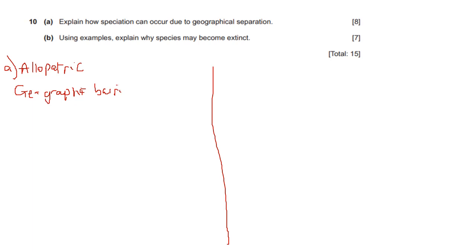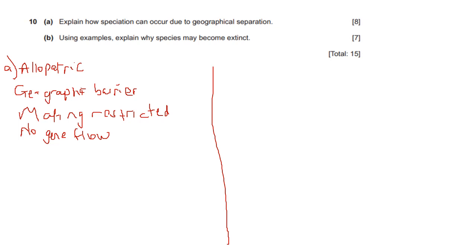It could be a river, a valley, anything at all, but they start off as one species. Because of this barrier, the individuals on one side mate with each other, and those on the other side mate with each other. So mating is restricted between the two groups, which means there is no gene flow between them.